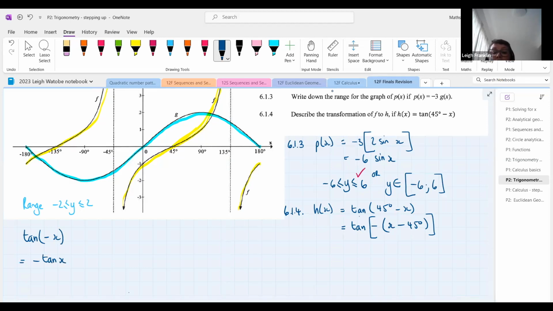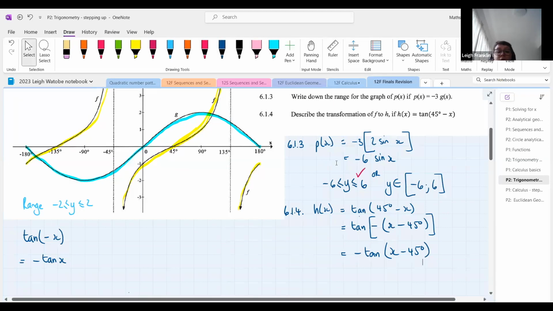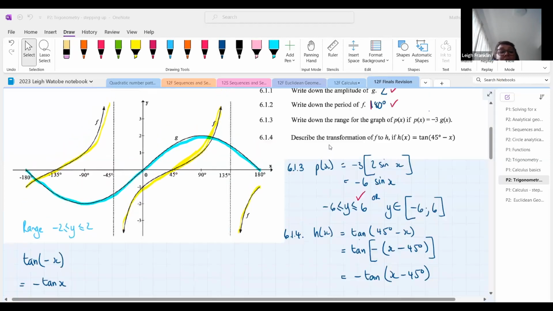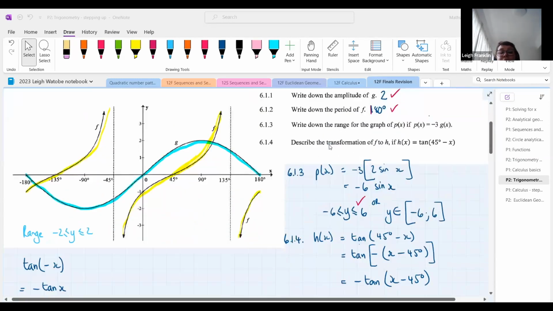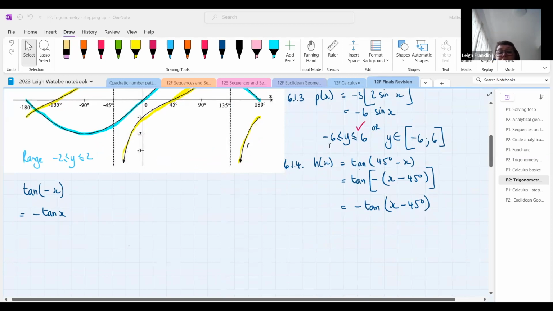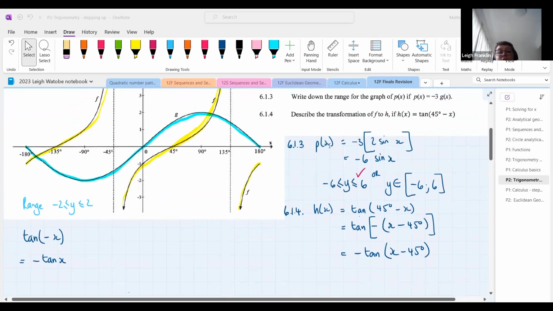So I can do the same thing here. I'm going to end up with negative tan, and my angle is x minus 45. Okay. All right. Good. Well done. So now let's go back and compare that to f of x. So f of x is positive tan (x minus 45), and h of x is negative tan (x minus 45).